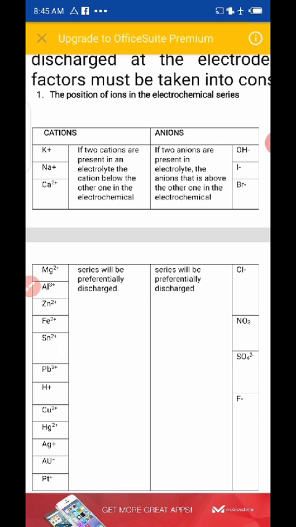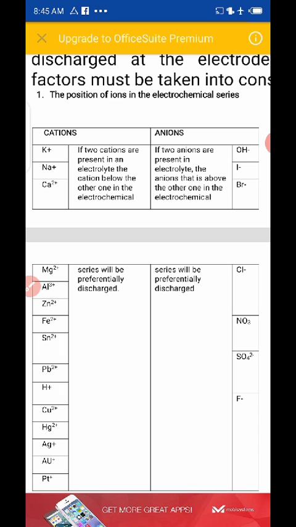What does this mean? When we have a compound containing calcium and a compound containing potassium, potassium is likely to discharge preferentially because potassium is electrochemically stronger than calcium. That is why potassium is on top of the electrochemical series, above calcium.